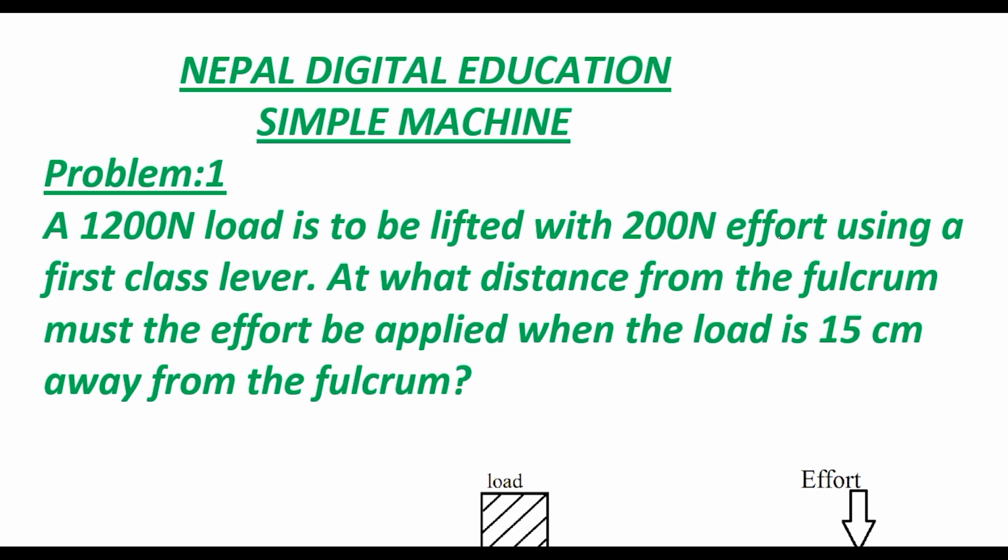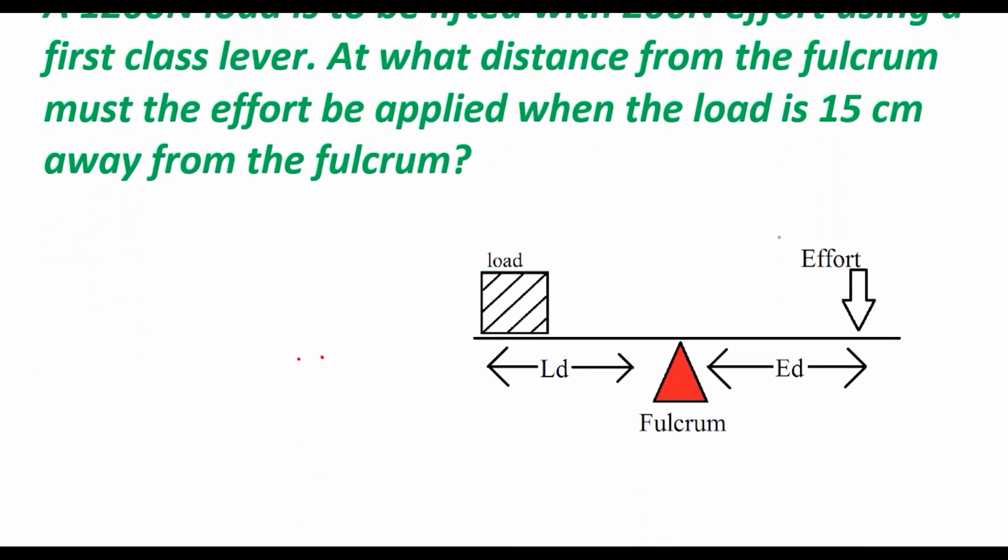But before solving the numerical problem, we must have an idea about the lever. So a lever is a rigid bar or rod that can move freely around a fixed point. That is called a lever. Let us look at the figure.